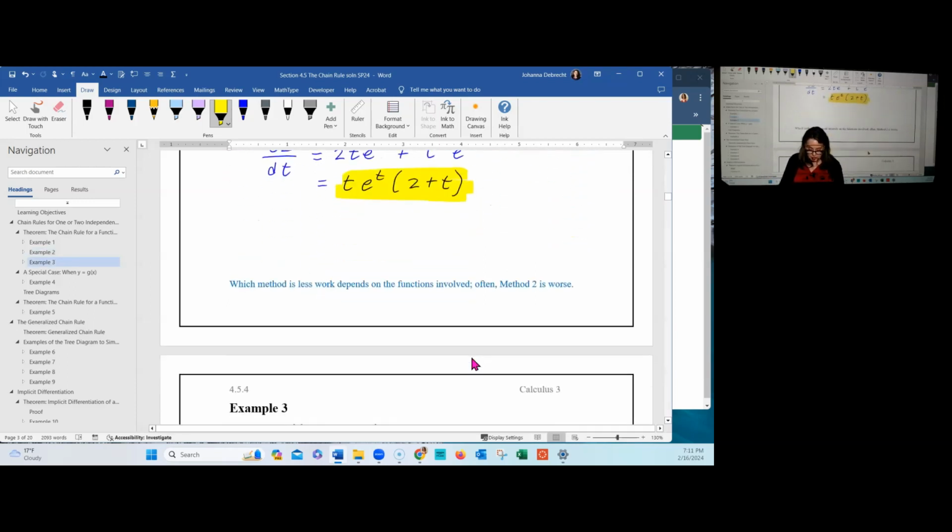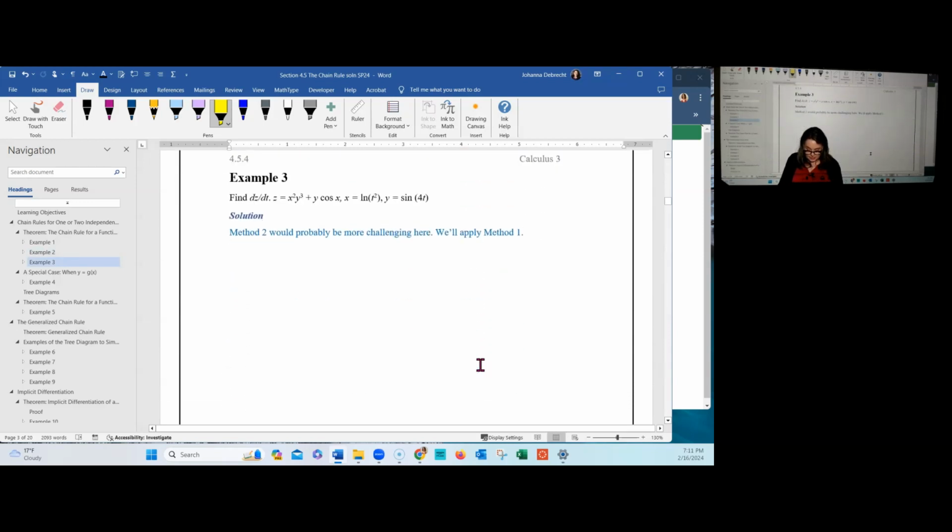Let's now turn our attention to example 3. In example 3, we have more complicated functions for x and y as functions of t. x is equal to the natural log of t squared, which has composition of functions within itself, and y is equal to the sine of 4t, again with a composed function. z is given by x squared y cubed plus y cosine of x.